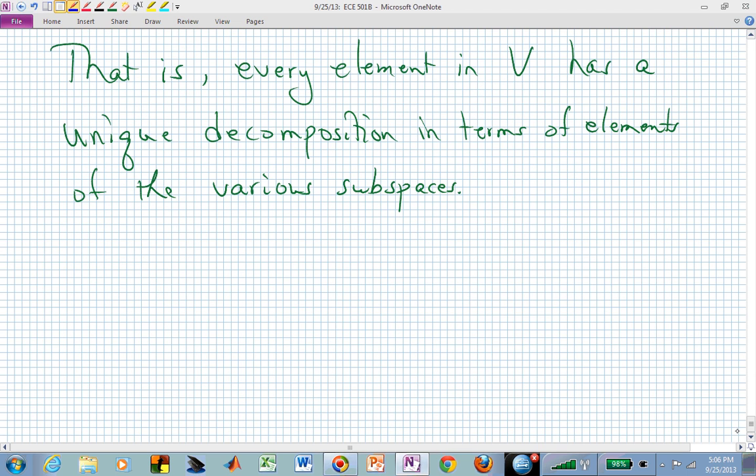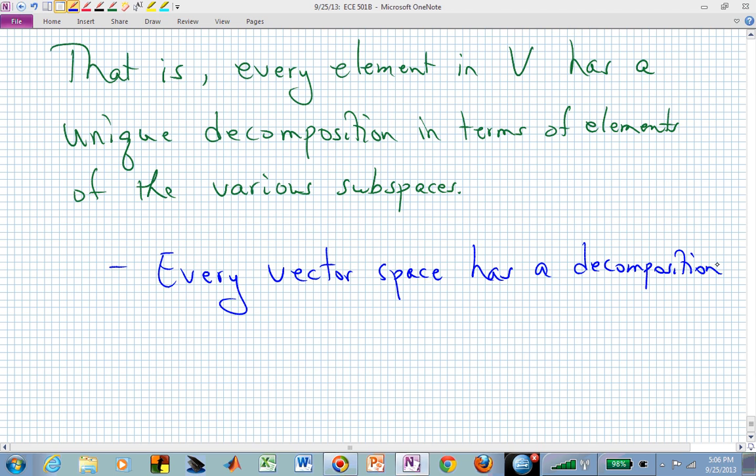One thing we do know about these vector spaces is that we can at least find a simple decomposition, or the trivial decomposition. Every vector space has a direct sum decomposition.